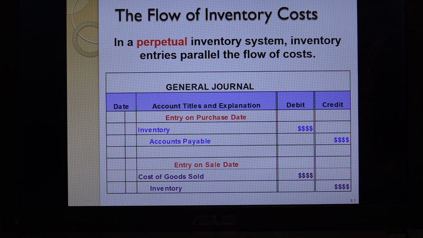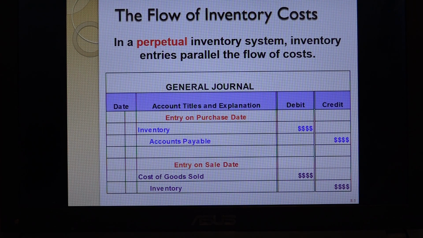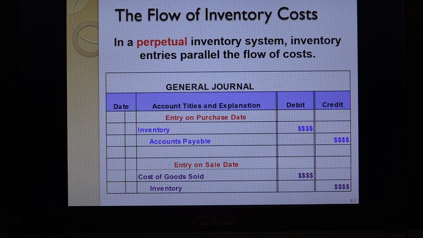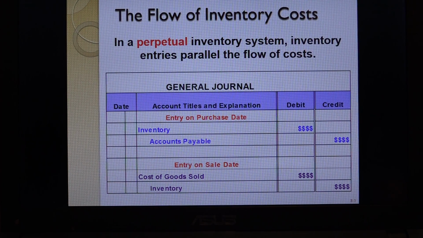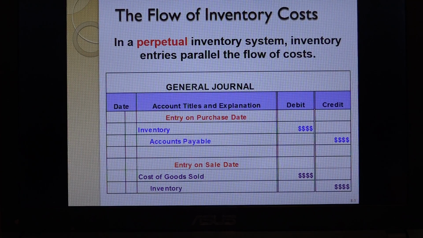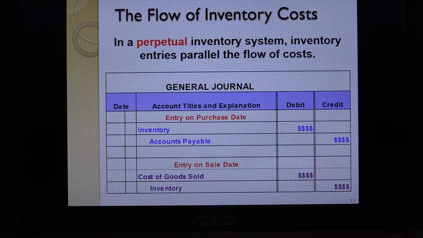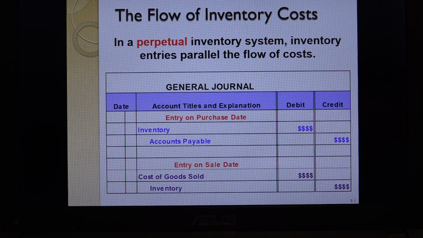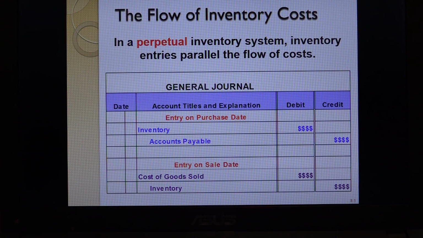So you add beginning inventory to your purchases during the year to come up with cost of goods available for sale. And then from cost of goods available for sale, you subtract the ending inventory that you determine from your physical count. And the difference is your cost of goods sold. So that's done once a year.